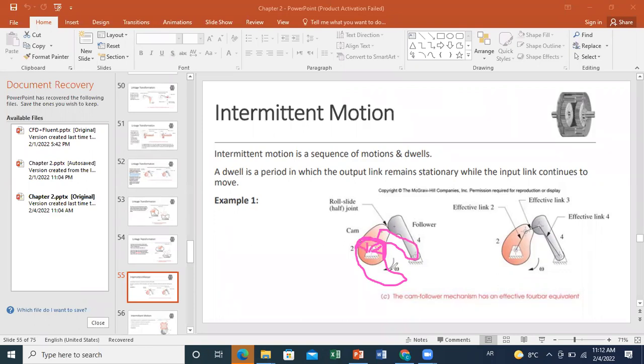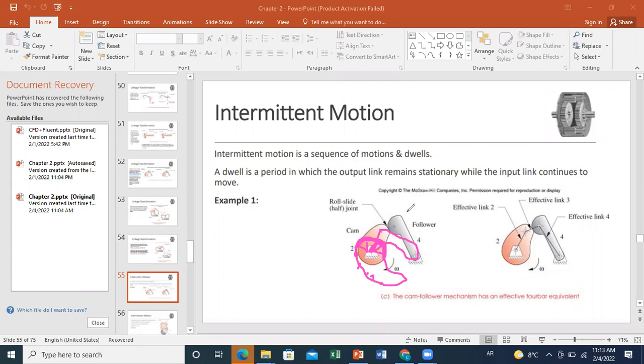This means that whenever the contact point is a point of this circle, the follower will remain at the same place because this distance is not changing. The follower will continue to move when the point of contact is no longer on this part. Then when you move to the changing distance profile, your follower will go into motion again.